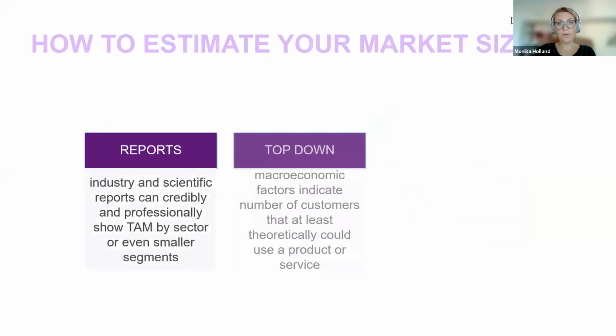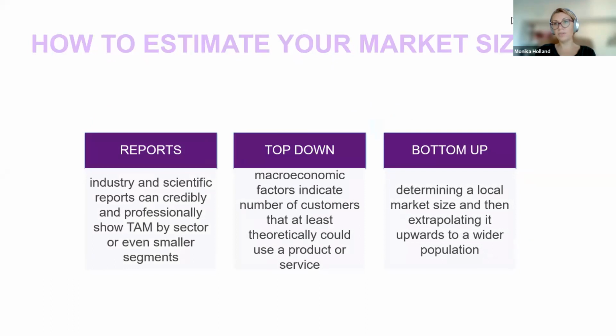Okay. So the fun part is how to actually estimate it and calculate it. So once we have gathered the information about our target group, once we understood we have 1, 2, or 3 ICPs, right?